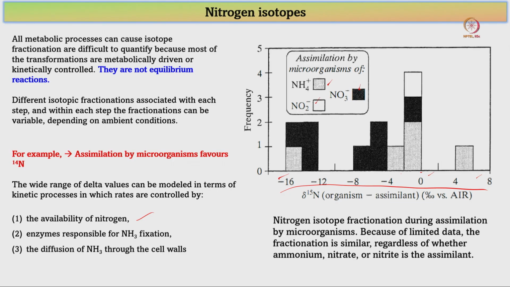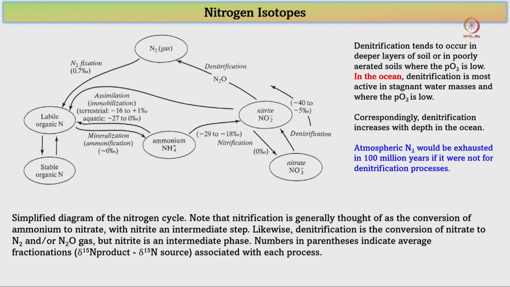These enzymes can vary across organisms. It is very kinetic, so how it will show up you will not know. Plus all the kinetic diffusion that is happening through the cell walls, different organisms, different ambient conditions. Due to such variability, there is a wide range of values that we observe.